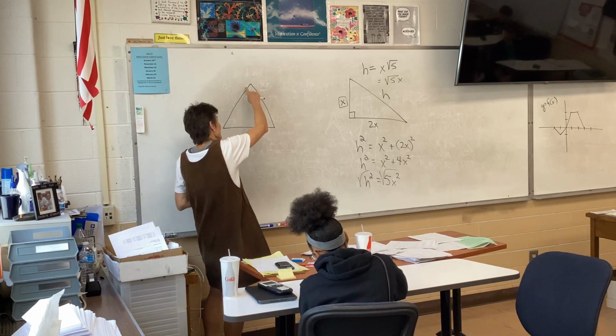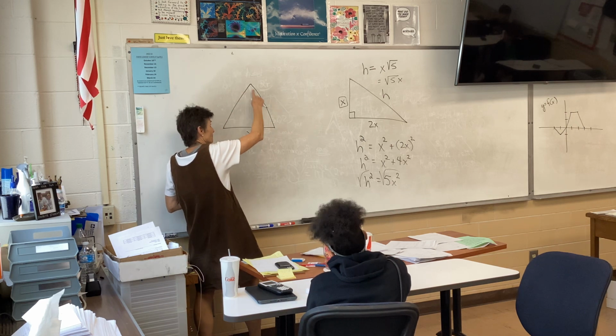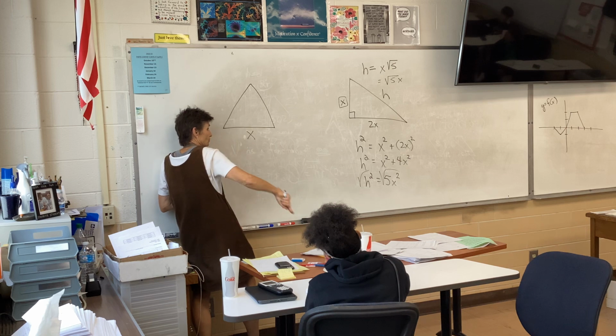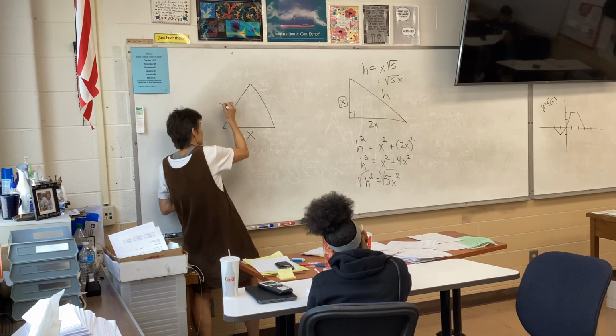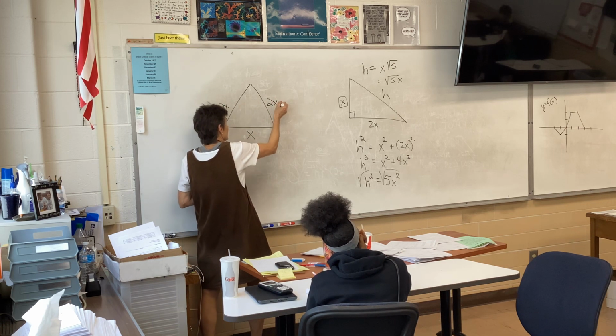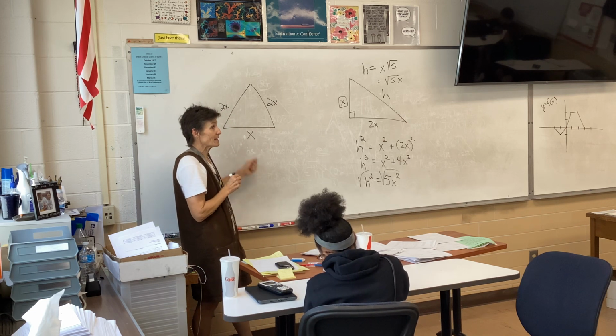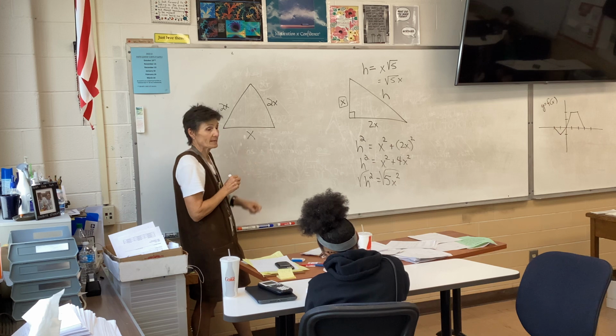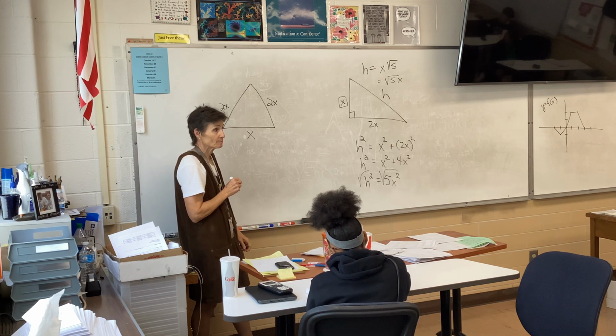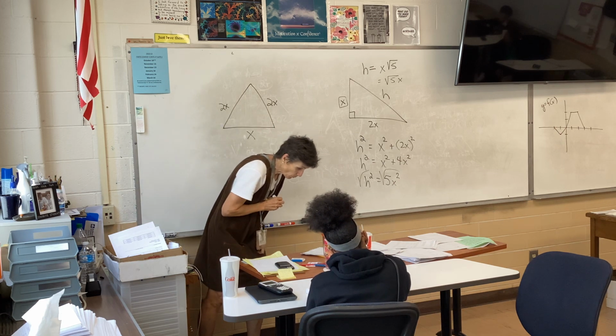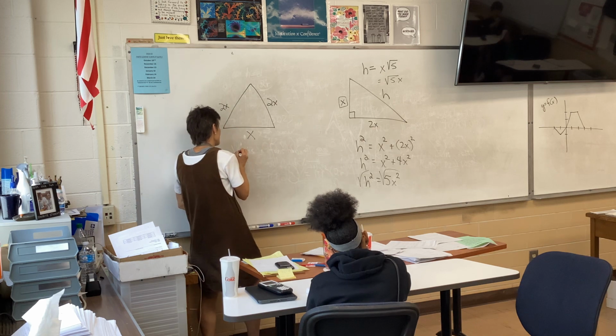Now, what does that make these two sides? What does it say? 2x. It says the base is half as long as the legs. So if I made the base x, then the legs are 2x. Write the area of the triangle.